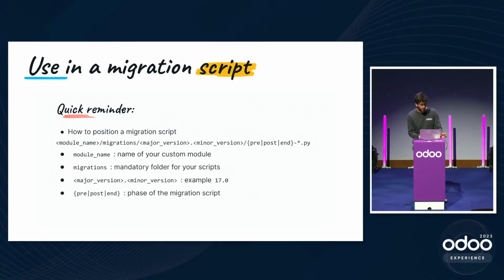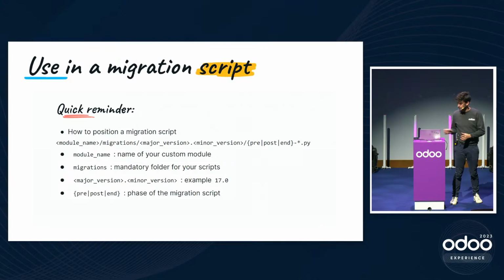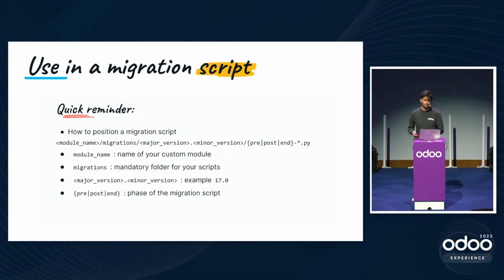So how to position a migration script? Inside your module name, you put a migrations folder. Don't forget the S, because if you don't put the S, Odoo is going to miss your script. It's not going to see it. Then after the migrations folder, you put inside a versions folder, so for example, V17, if you are upgrading to V17.